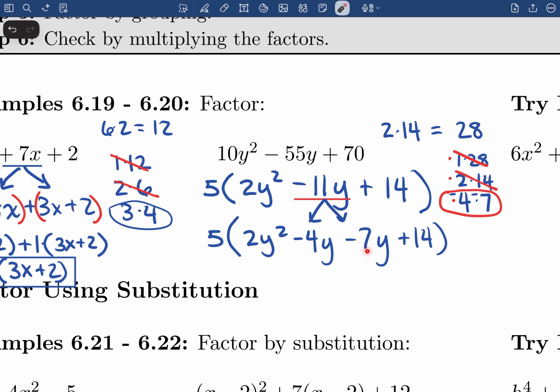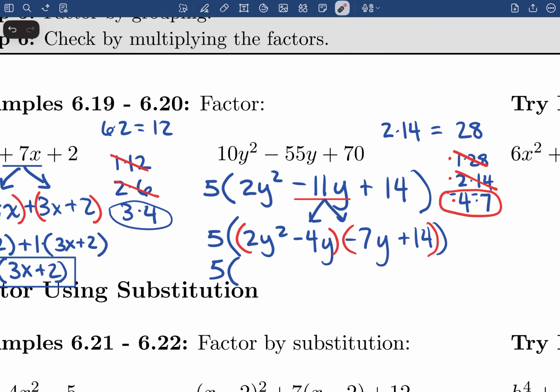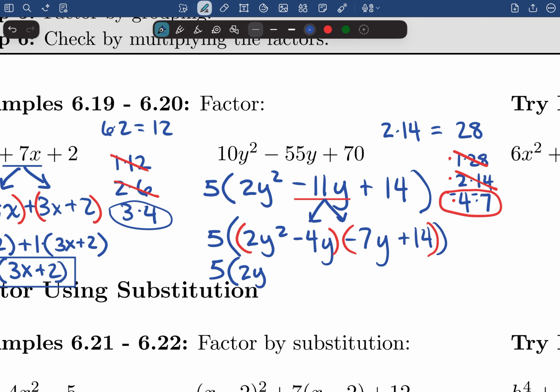Cool. Now that I've done that, I can factor by grouping. So I take the first two terms and I take the second set of two terms. And I'm going to see what I can factor out of those. And so I have 5 times, well, these two terms, their GCF is 2y, right? So I factor out a 2y, and I'm left with a y minus 2.